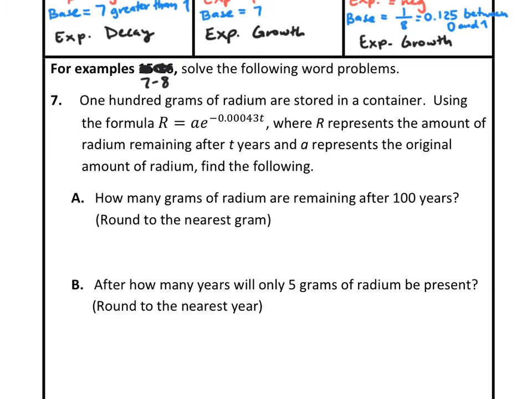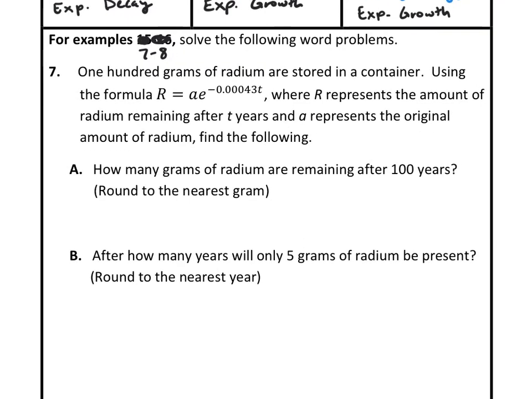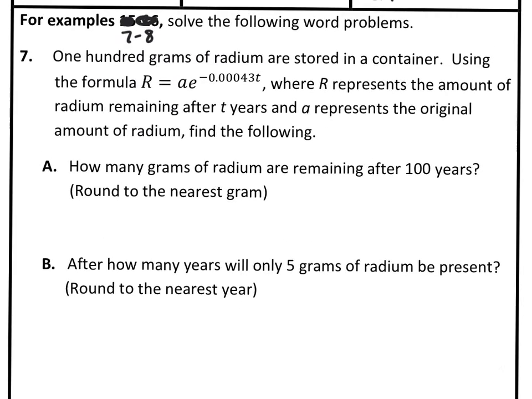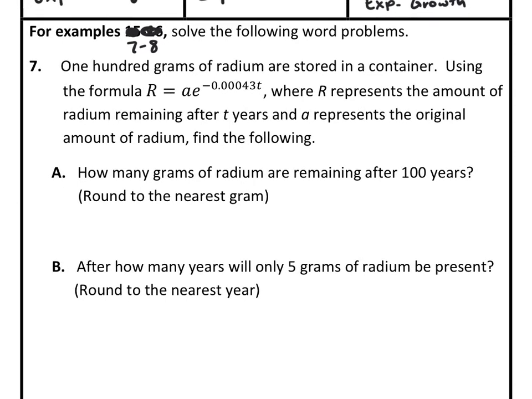So remember, we have 100 grams of radium stored in a container. So just to start off, that's the initial amount, the original amount. If I'm going to use this formula, let me zoom in here so I can write a little bit bigger.